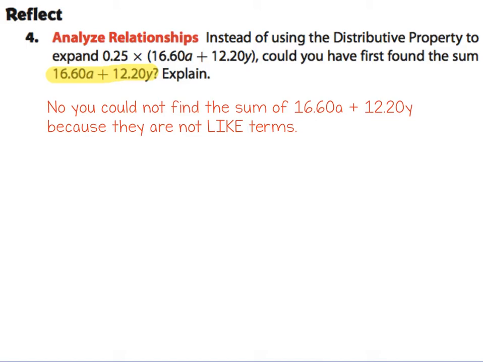Even though they each have a variable, one of the variables is an a and one is a y. Since one is an a and one is a y, we can't combine them. They would both have to have the same variable in order for us to combine them.